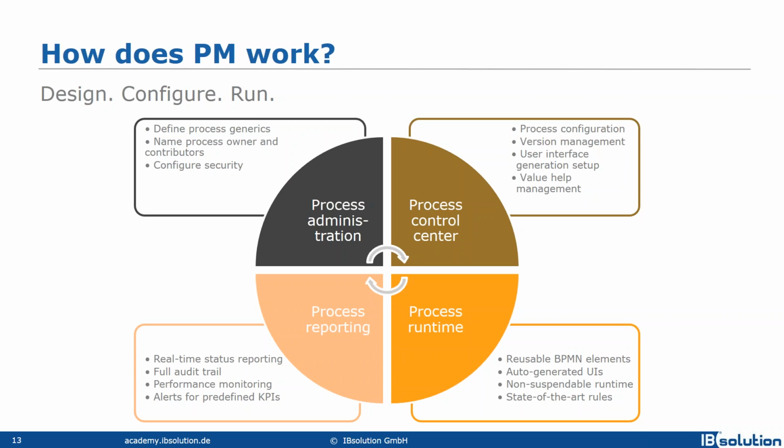Then you can hand it over to the process control center, which is taking care of the process configuration, the versions which you might have within the process, the user interface generation, value help management, and so forth. We see there's a lot of options here, so we'll see some of those in the live demo.